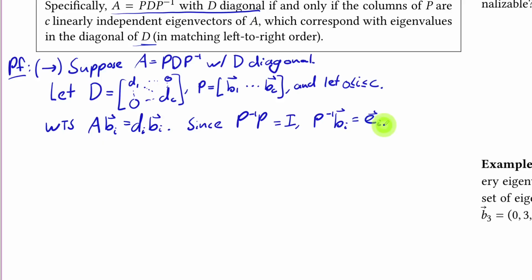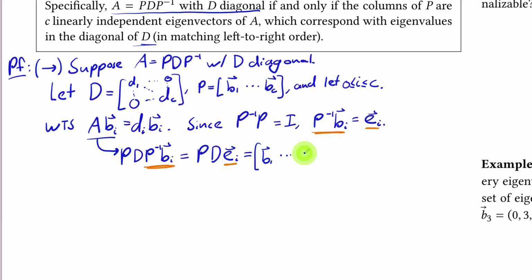So we can use this with the fact that A is P D P inverse. So in other words, this A times BI is P D P inverse times BI. And the P inverse times BI part is equal to EI. And then we can multiply this out.